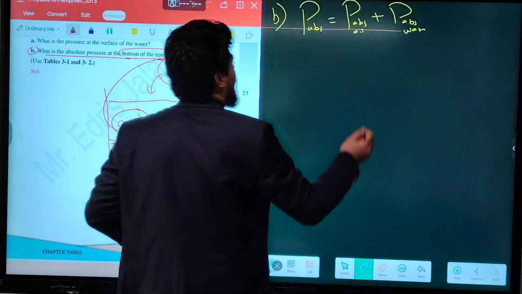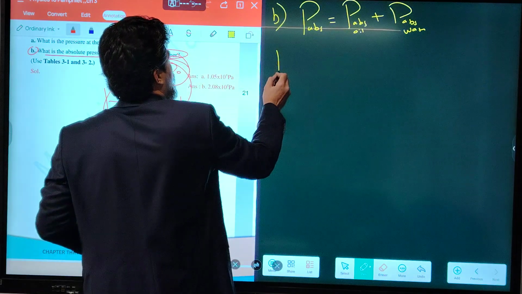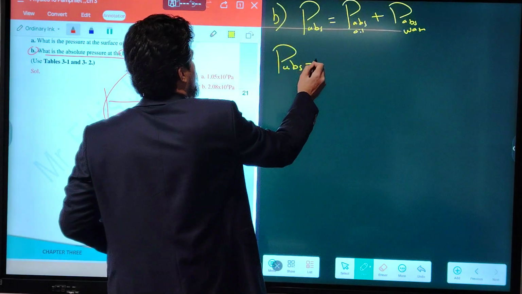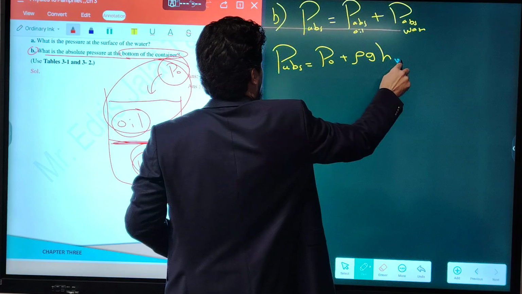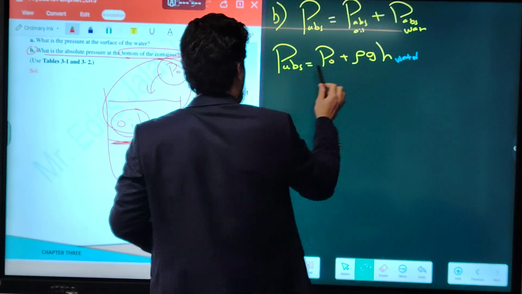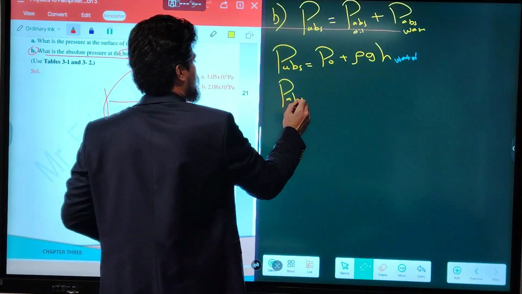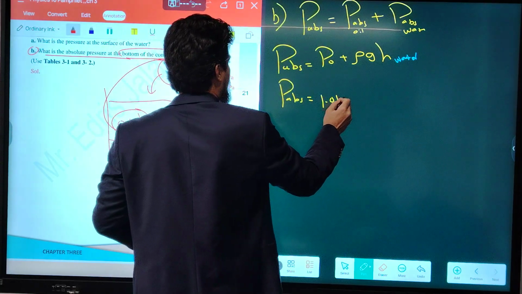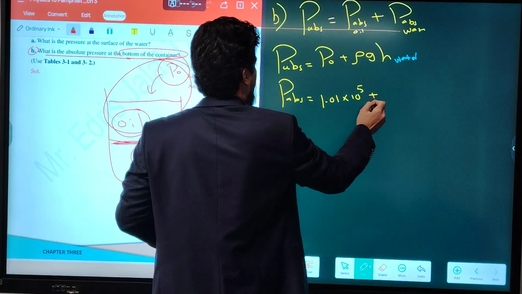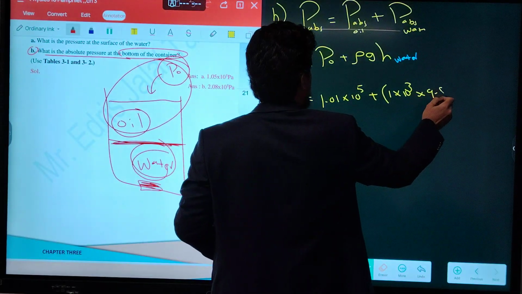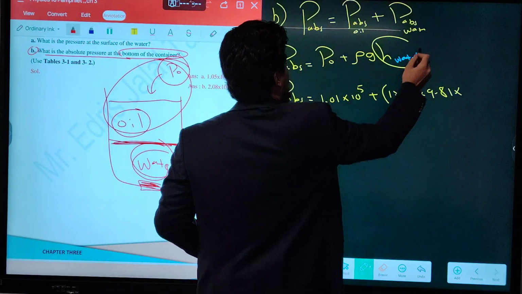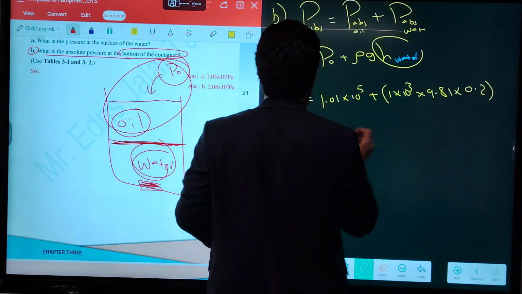Now we have to find the absolute pressure for the water. Absolute pressure for the water is equal to what? P naught plus rho g h of water. Substituting numbers, 1.01 times 10 power 5 plus 1 times 10 power 3 times 9.81 times the height of water, which is 0.2.